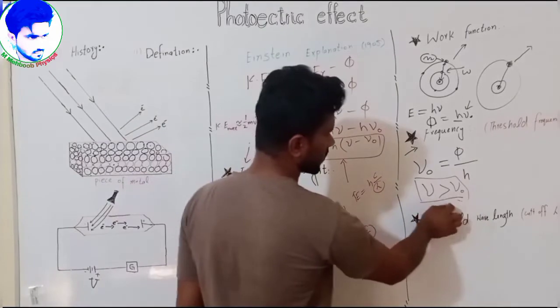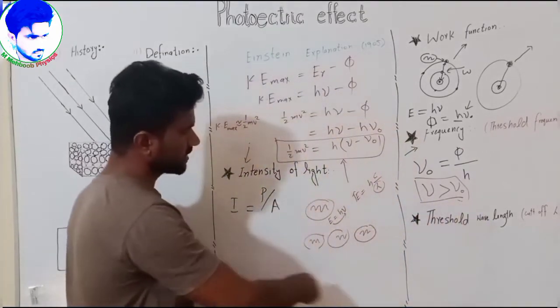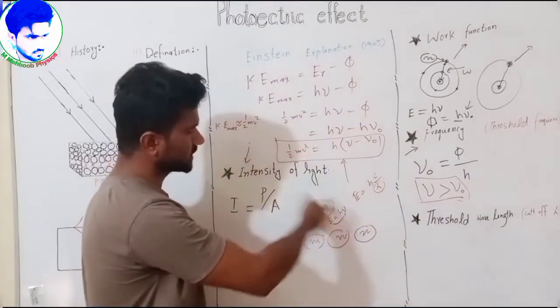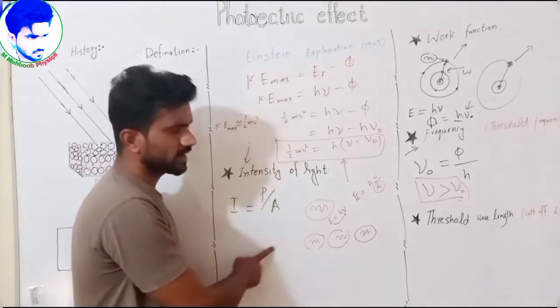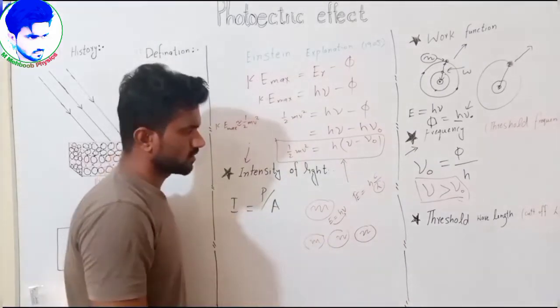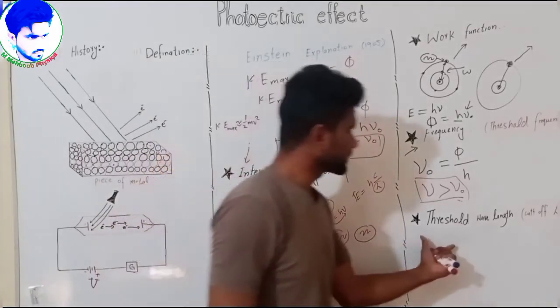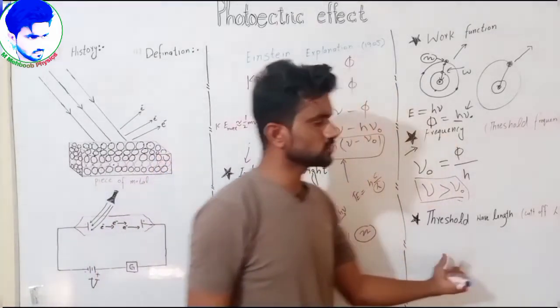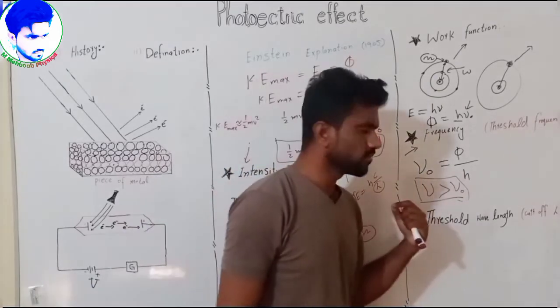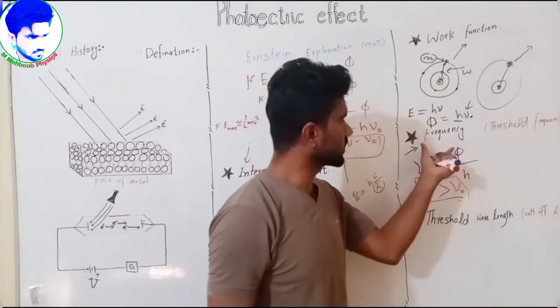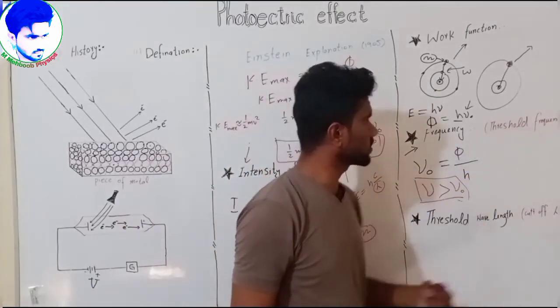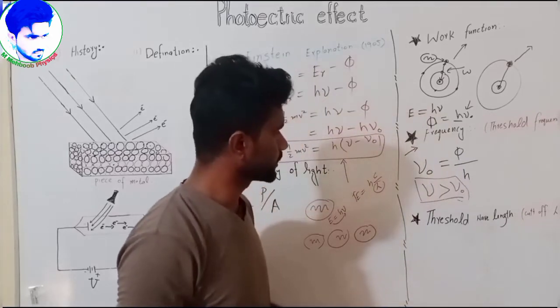And if this condition is not fulfilled, even if we increase the intensity of the light by a lot, the photoelectric phenomenon will not occur. Now we come to the threshold wavelength, or the cut-off wavelength, and the frequency can also be called the cut-off frequency or the threshold frequency.